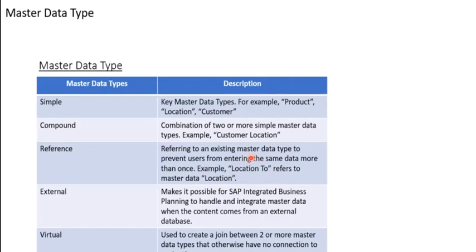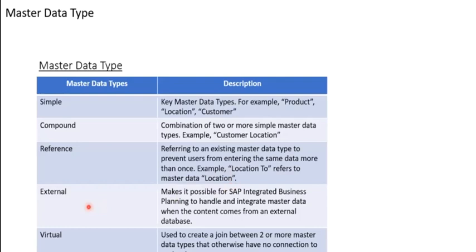So why is this reference master data there? If I change anything in location, or add a new attribute or new information, that will directly change the setting for location 2. I don't have to change the other master data every now and then. So this reference master data helps me in that way.